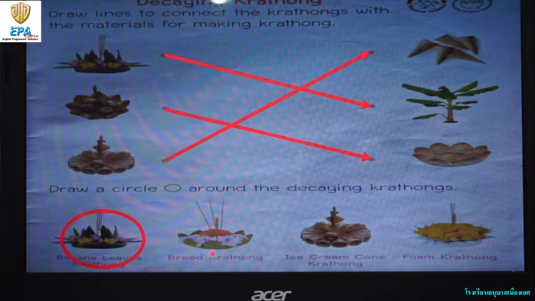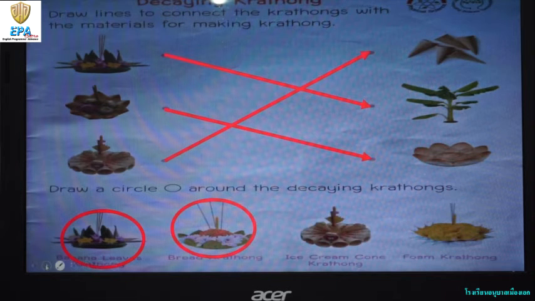How about the bread kratom? Does it also decay or decompose? Good job, kids. Yes, it can decompose or can get rotten or it can decay. Again, put a circle. How about the ice cream cone kratom?